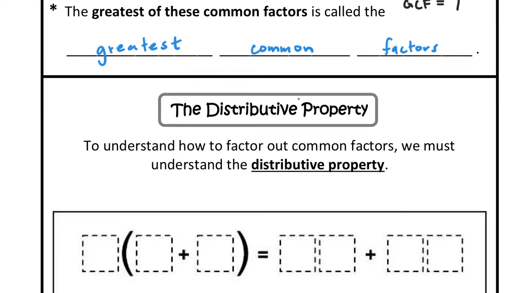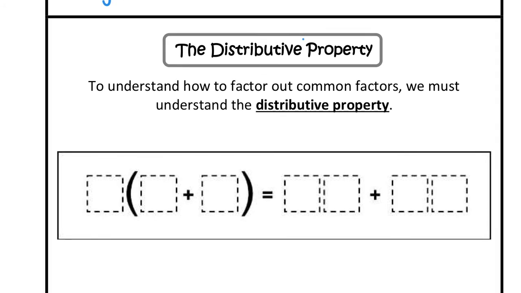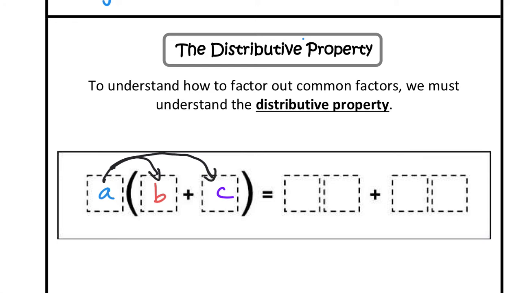Okay. The distributive property. To understand how to factor out common factors, we must understand the distributive property. Let's say I have A, B, and C. So the distributive property tells me to multiply the first two and then multiply the first with the second.